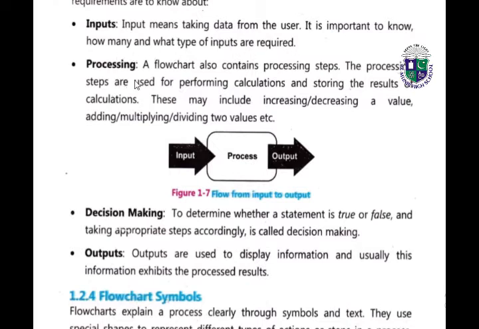Next, we have processing. A flowchart also contains processing steps. The processing steps are used for performing calculations and storing the results of the calculations. These may include increasing or decreasing a value, adding, multiplying, dividing. So all these processing steps must be right, in a proper way, with the proper symbol.